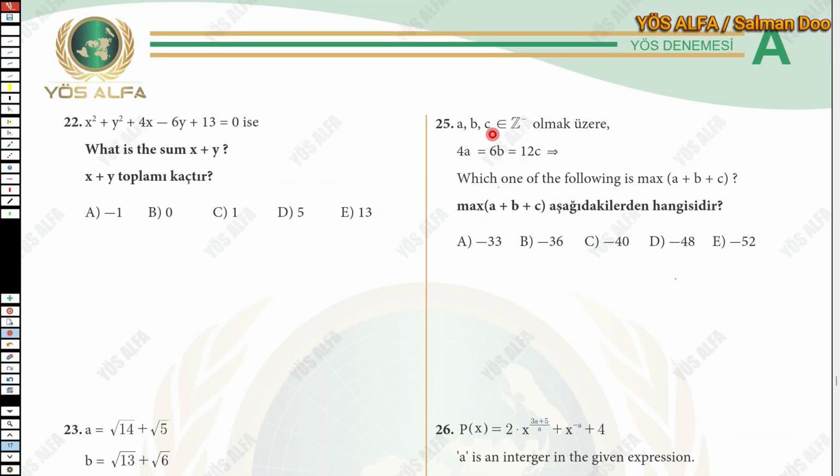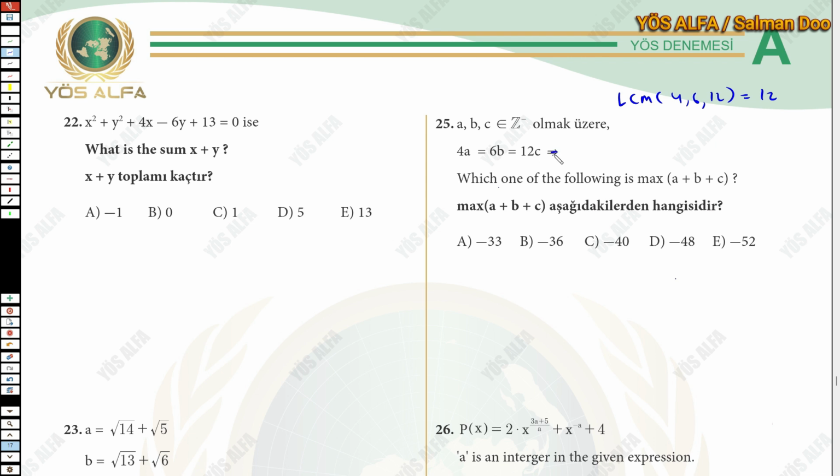25. A, b, and c are negative integers, and this expression is given. Which one of the following is the maximum of a plus b plus c? We'll first start with finding the LCM, least common multiple, of these three. So LCM of 4, 6, and 12 is 12.